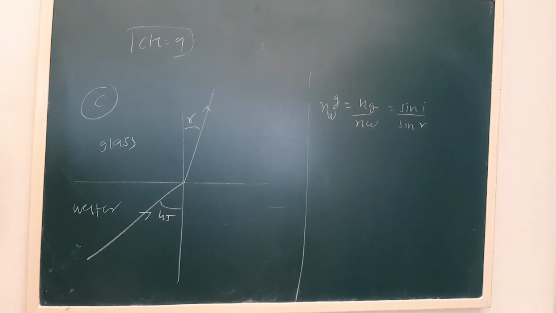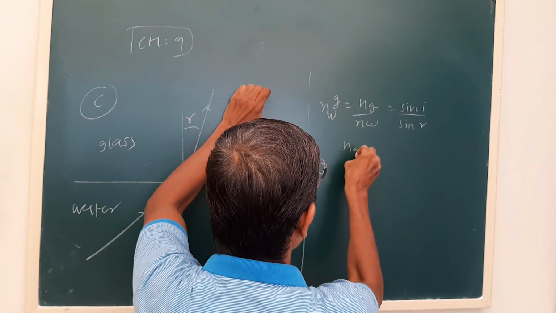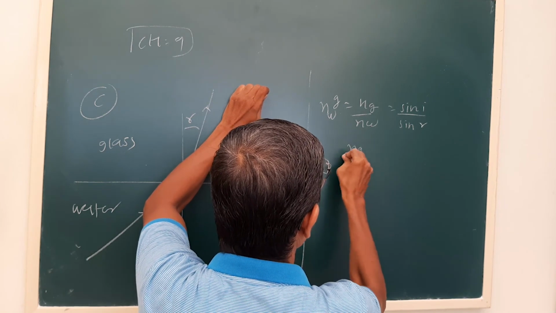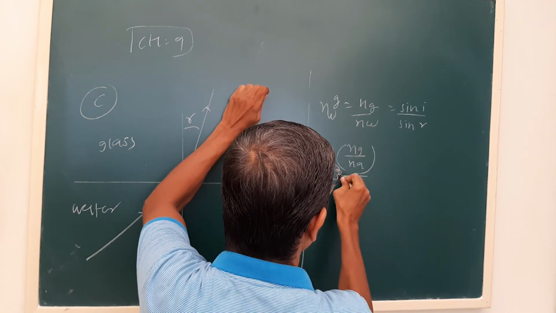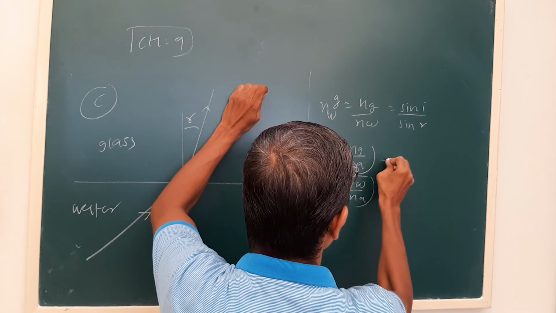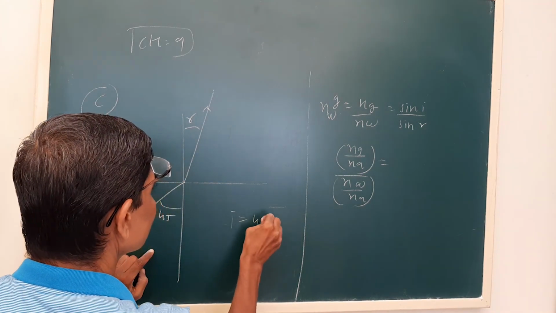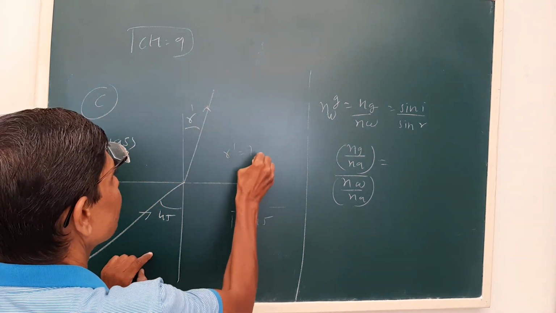We have the refractive index of glass with respect to air, so we can write Ng upon Na. Similarly we write Nw upon Na. Both we have derived just now. Sin 45, I is 45, R dash we have to find out.